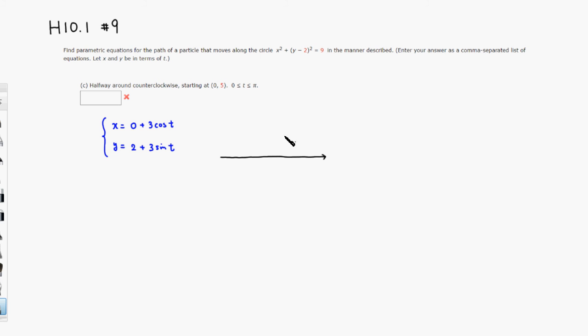So we have (0, 2) as the center. So here, (1, 2), right, so that's the center there. Then the radius is 3, so it's going to go down to here, and the circle we're looking at is going to look kind of like that.